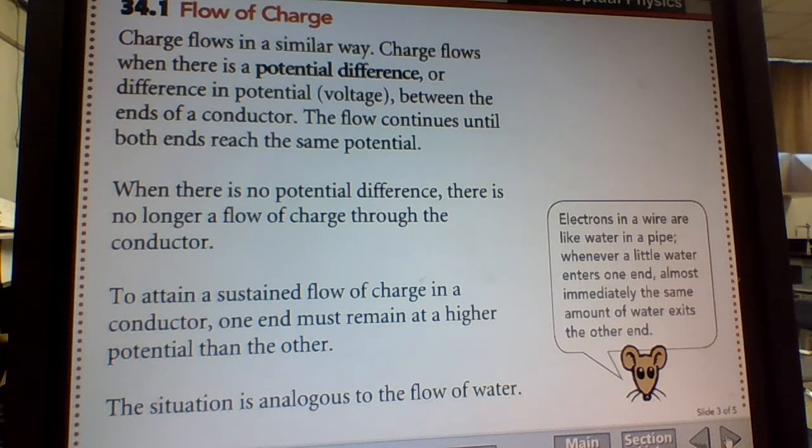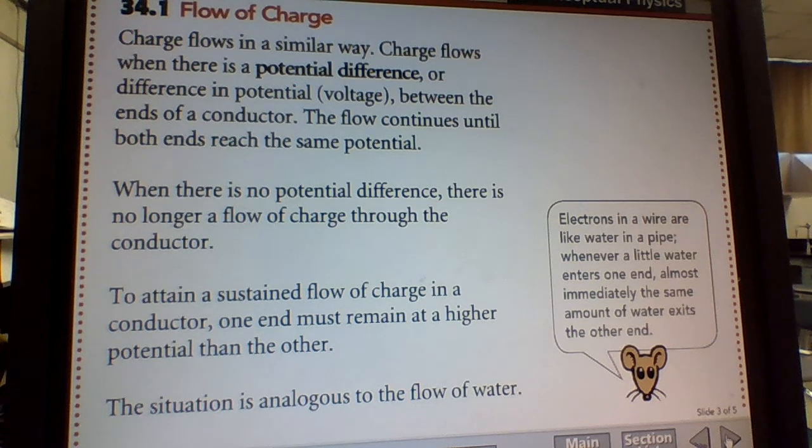Essentially, we have to have a potential difference: something at a higher potential, something at a lower potential. The difference between these we call the voltage. When there is this difference in potential, very similar to a difference in temperature, we will start to see those electrons flow.